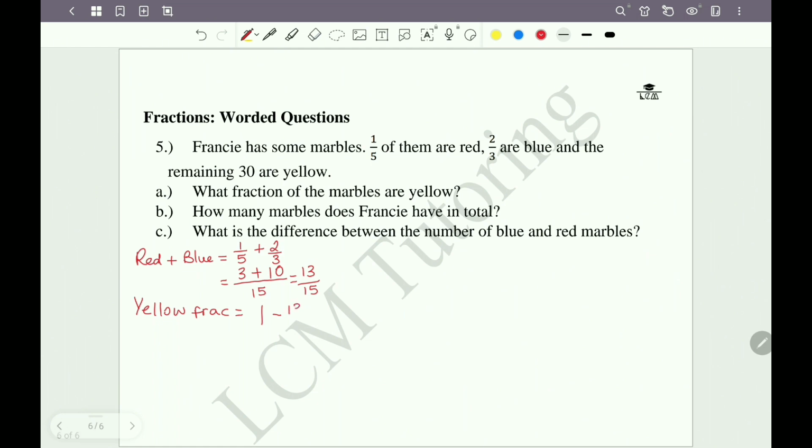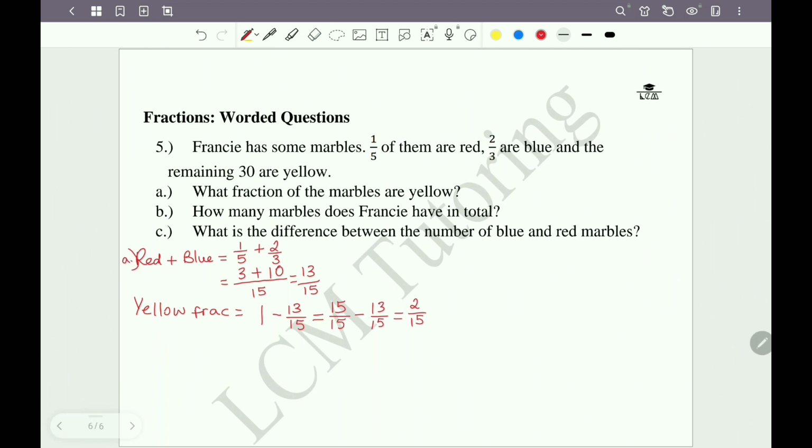So we'll take away 13 over 15 from 1 whole. And 1 whole can be represented as any number over itself. So we have 15 over 15 minus 13 over 15, which is 2 over 15. So 2/15 is the fraction of Francie's marbles that are yellow. And that's your answer for part A.